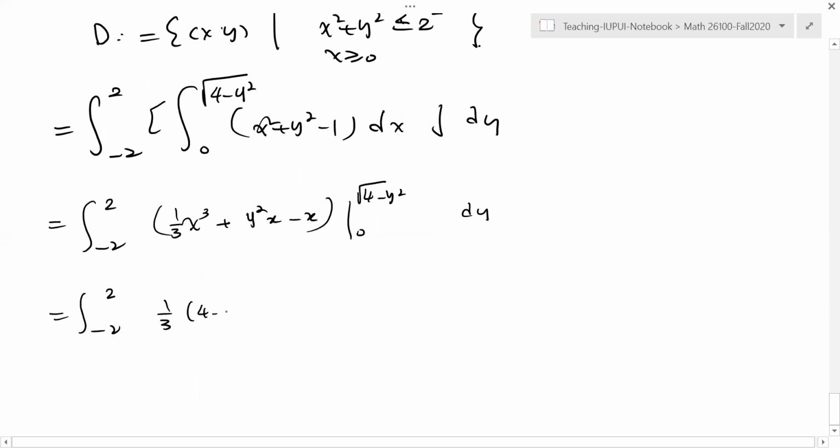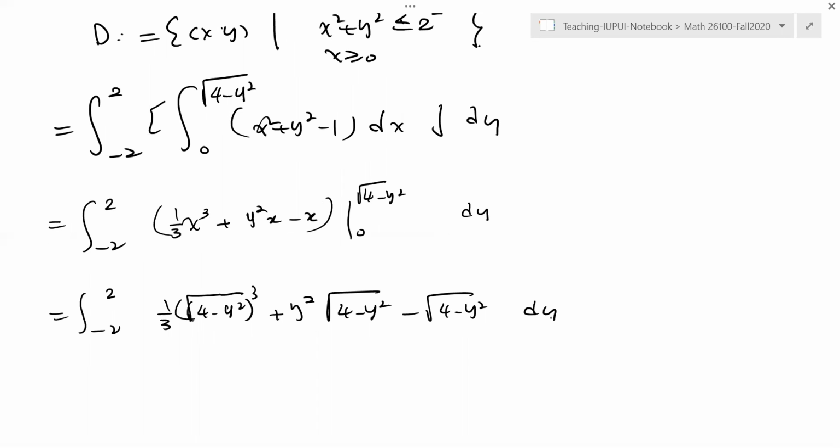It's 4 minus y squared under a square root, and then cubed, with y squared times the square root of 4 minus y squared, and now I think it's complicated. No idea what the next step is.